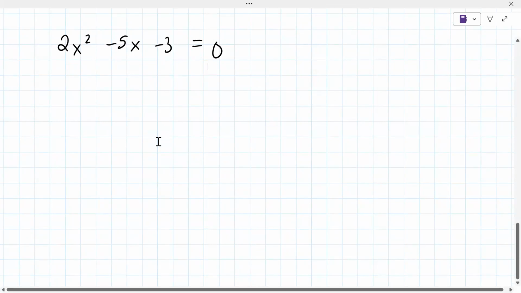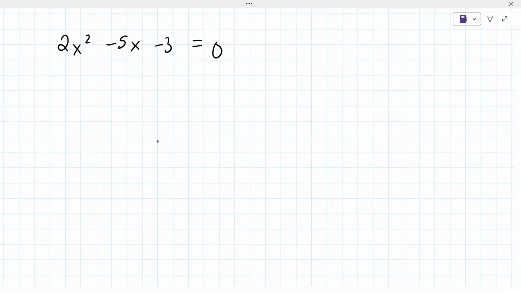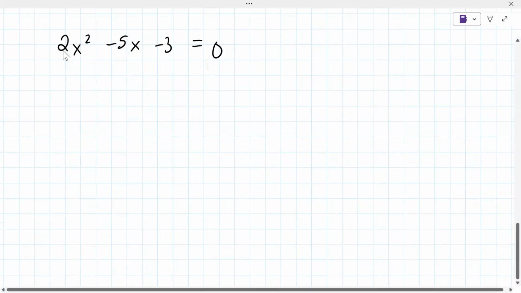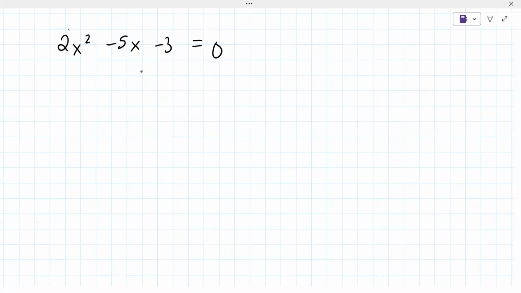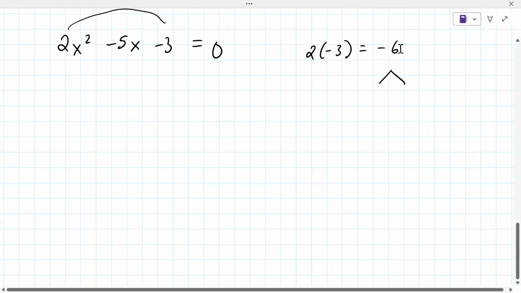Sure. So first thing is because the leading coefficient is not a 1, and because this number 2 doesn't go into any of the others, you then have to multiply the first and the last. 2 times -3 is -6. And now what you're looking for is two numbers that multiply to -6, but add to -5.